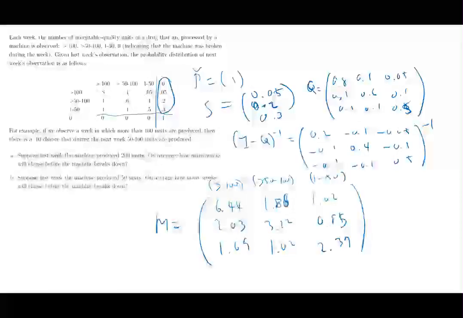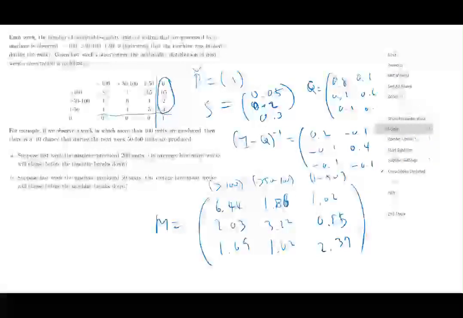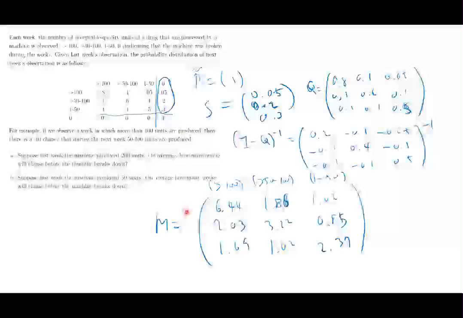Okay, so we want to calculate the average weeks until the machine breaks down. Suppose last week the machine produced 200 units, so we're starting in this state.